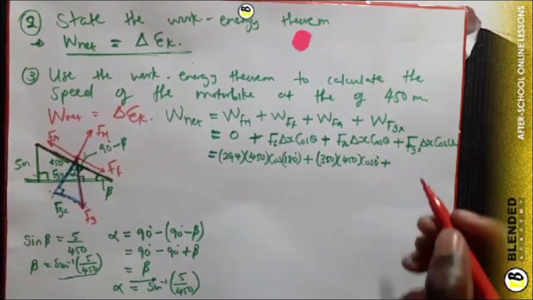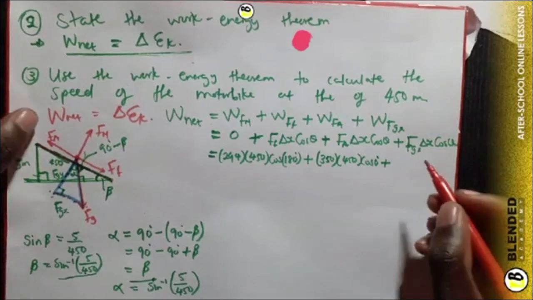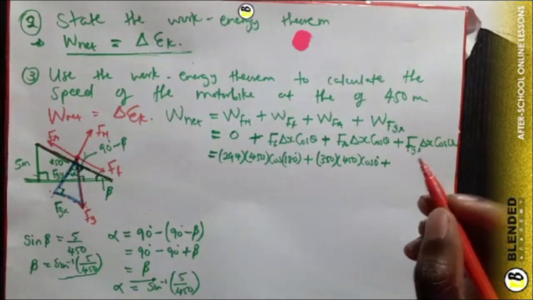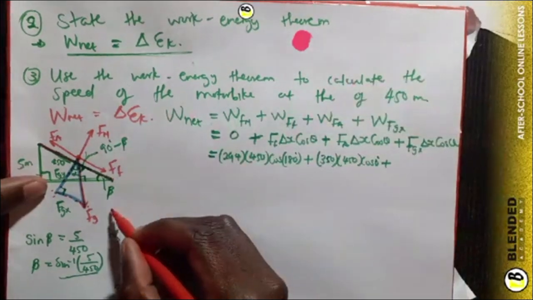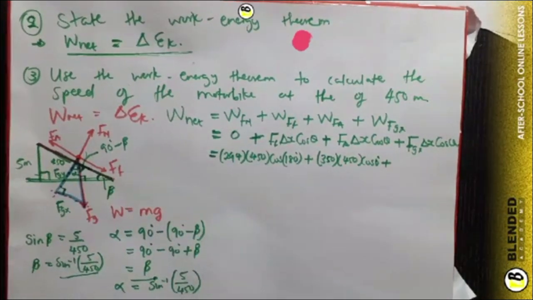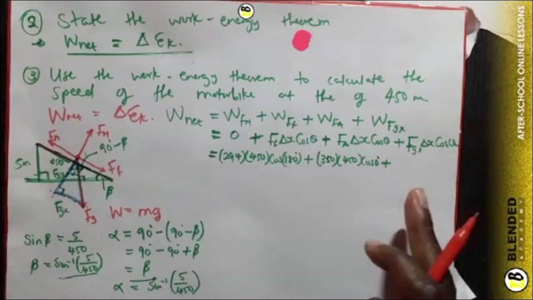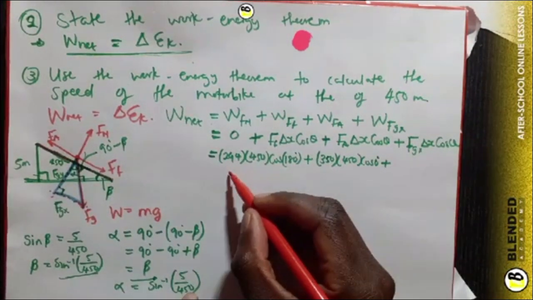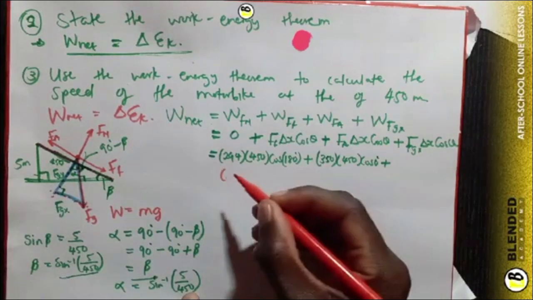Now I'm going to write in a different color. We're going to have the weight of the object. Remember, the weight is given by mass times gravitational acceleration. Let me write it down below.